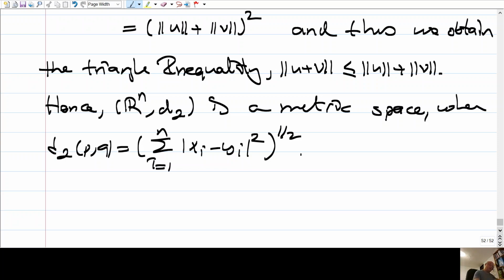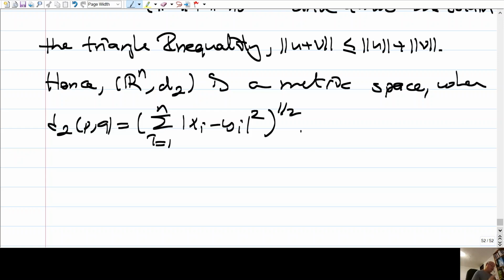This, of course, suggests a generalization, right? So this is a metric space.